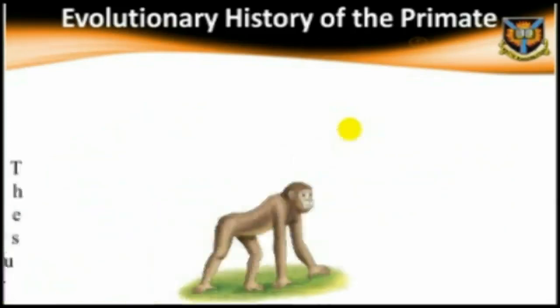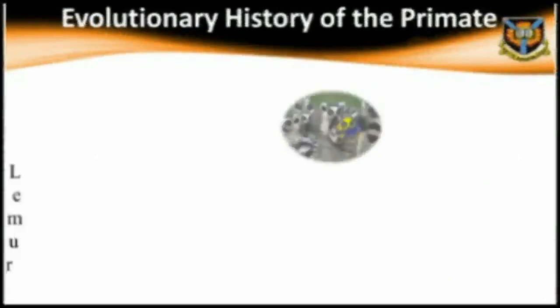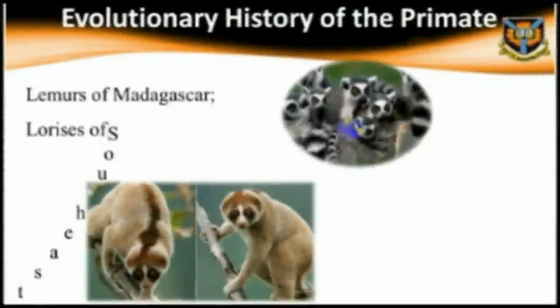The surviving tropical population, seen most completely in the upper Eocene and lowermost Oligocene fossil beds on the Fayum Depression southwest of Cairo, gave rise to all the living primates, which are: 1. Lemurs of Madagascar, 2.